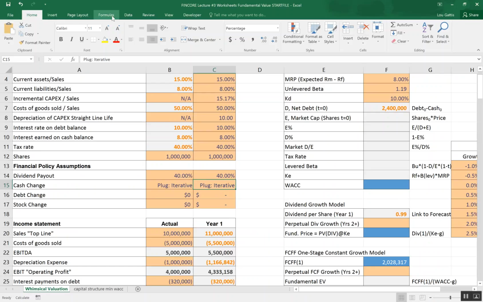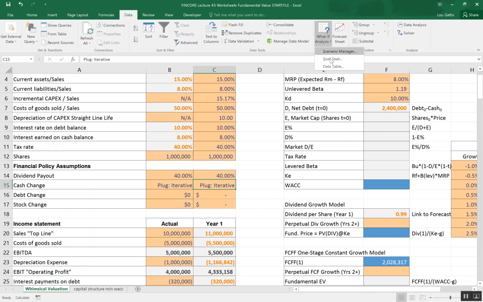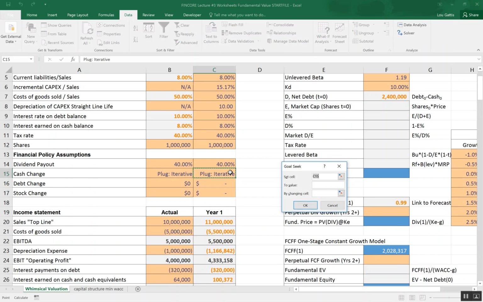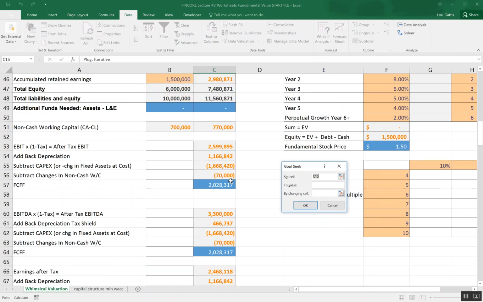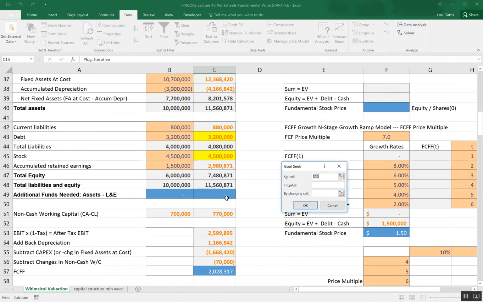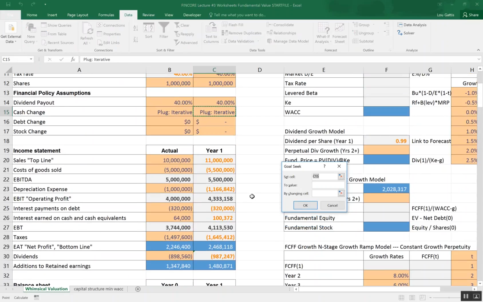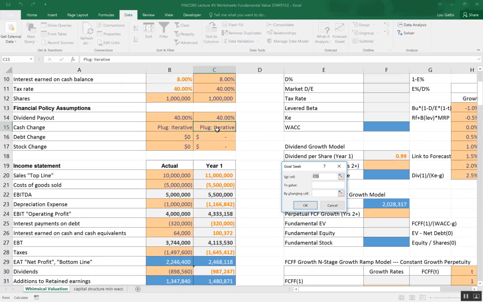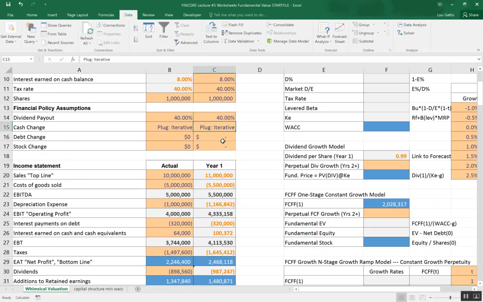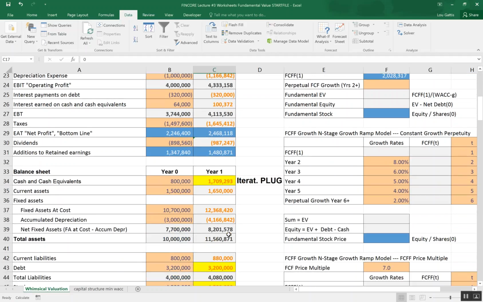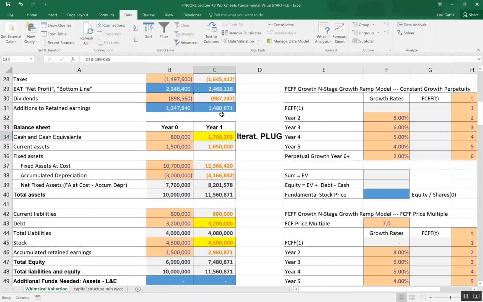So if I go to Data, What-If, Goal Seek, what I could do is ensure that the balance sheet balances by making sure the difference between L&E and assets is 0 by changing either debt, stock, or cash. However, I'm going to make a change. I'm going to make the only two policy decisions, changes in debt and changes in stock, balance the balance sheet. And how I'm going to do that is I'm going to make cash a plug.